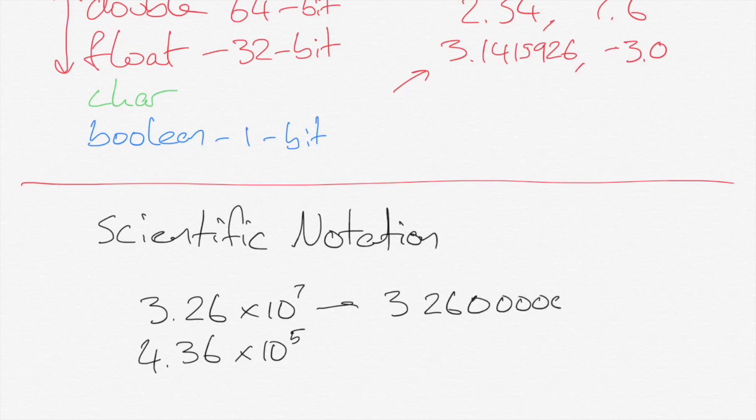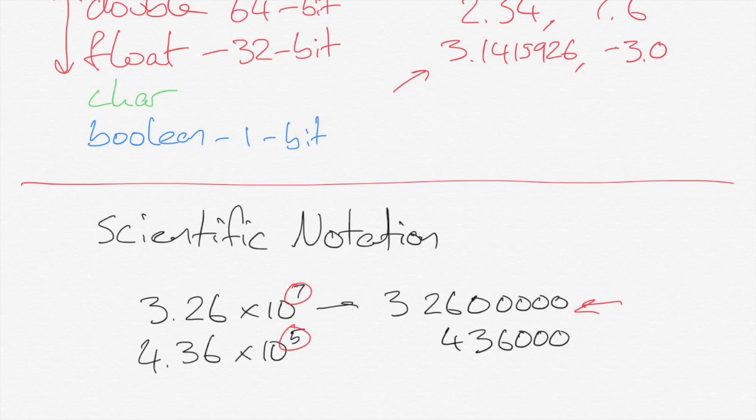So in that case, because we've moved our decimal place 7 spots, it's gone from there to there. Now compare that to 4.36, which means we've moved the decimal place only 5 places. So we get that number, 436,000. So it's obvious when we write it out like that this top number is bigger, because essentially this value here, which we call the exponent, this 7 is bigger than the 5.